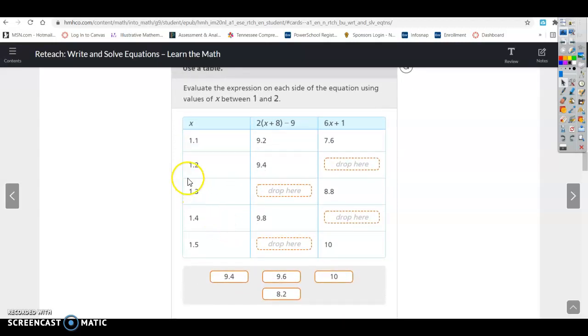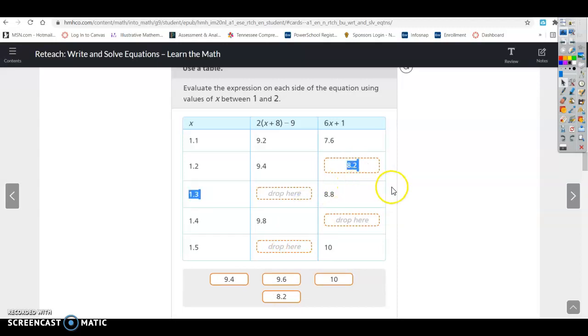So you can see they've chosen 1.1, 1.2, 1.3, 1.4, and 1.5. So all we have to do to evaluate these is plug them in. You may want to take your calculator since the decimals are a little bit harder. The first one, if I do 6 times 1.2 plus 1, I'm going to get 8.2.